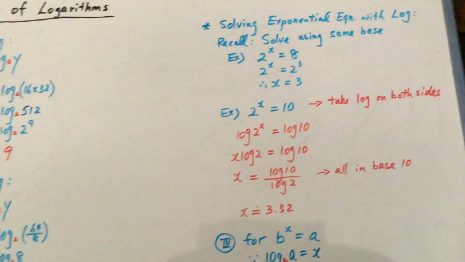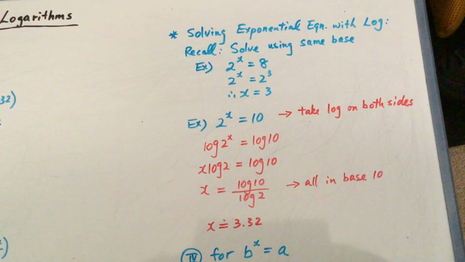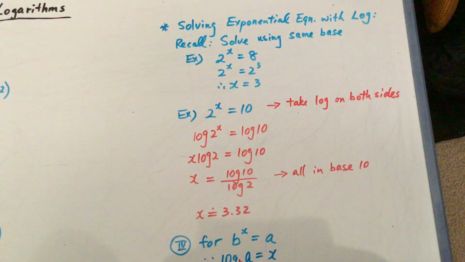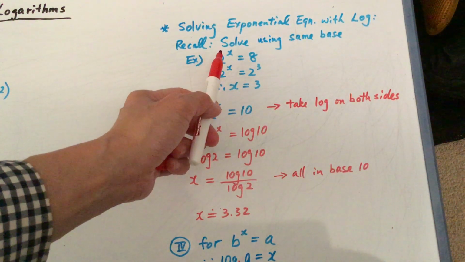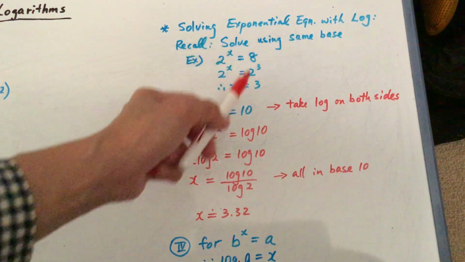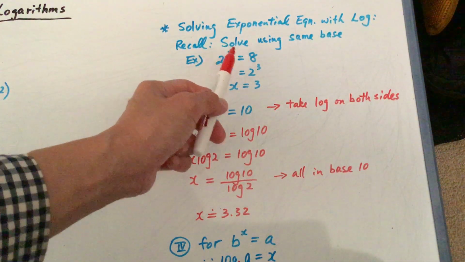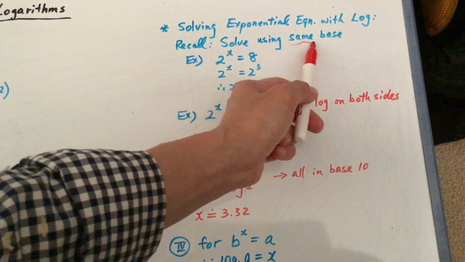Now, I just want to show you guys one more thing about the technique when we are solving exponential equations, but this time using the log methods, okay? In the past, whenever we are trying to solve for the exponent, when we get something like 2 to the power of x equal to 8, we solve this by using the same base.